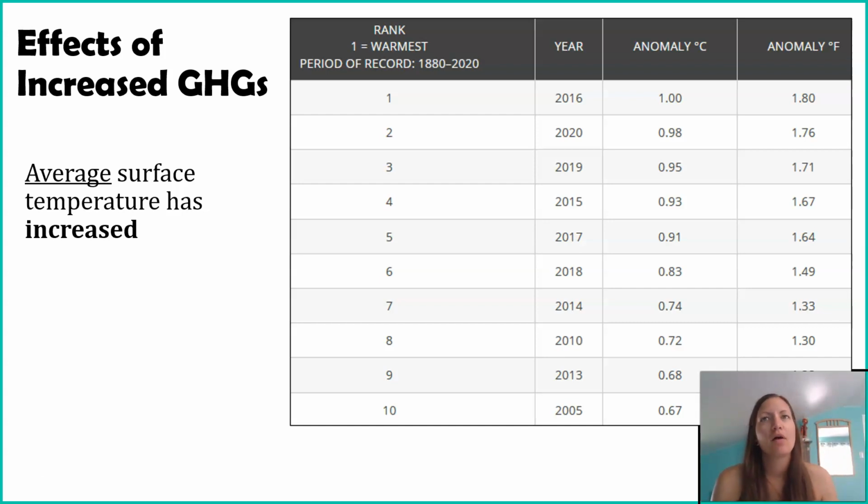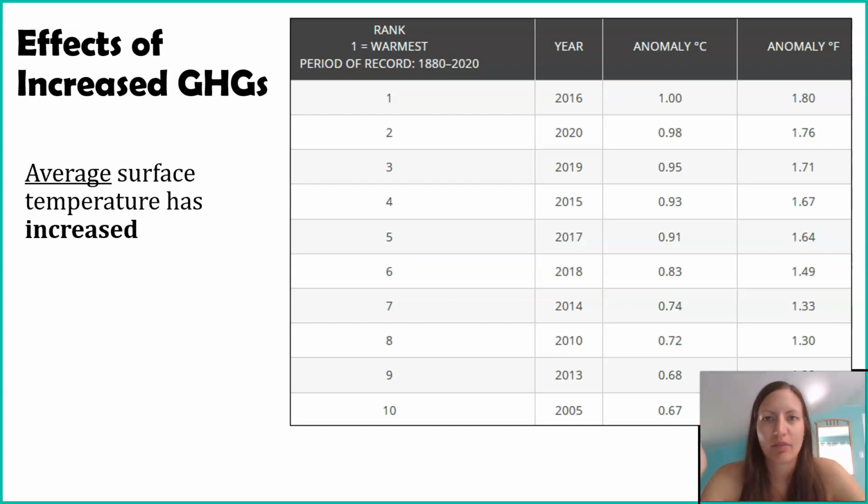Now let's talk about what exactly this means, or how much warming has been happening. So the right two columns are anomaly in Celsius and Fahrenheit. If we took the past 140 years from 1880 to present day, and we took the average temperature across that 140 years, whatever temperature that is, this anomaly column is looking at how much warmer that particular year was in comparison to the world average.